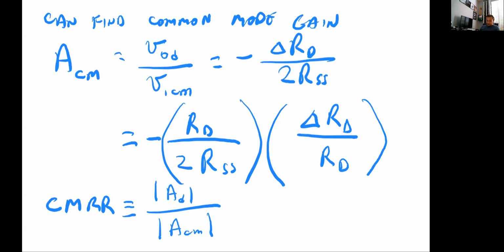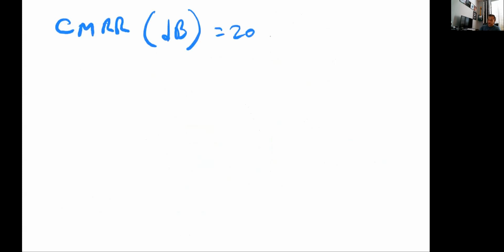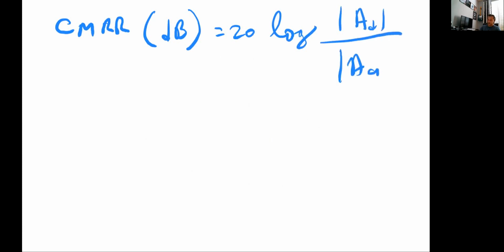So that quantity, the common mode rejection ratio, can also be expressed, and actually that's how it is expressed in data sheets, normally in dB. So that's going to be 20 log of the differential gain over the common mode gain.